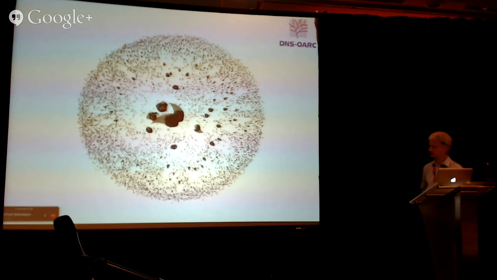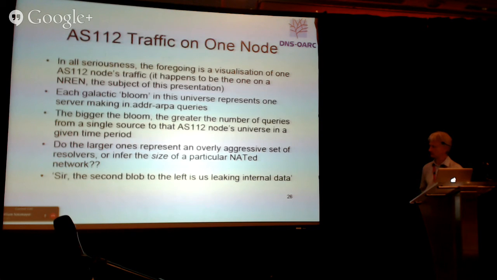This is a representation of queries going to one AS112 node. It's interesting when you look at the visualization of just one node. I'm curious how it looks when you have a bunch of nodes. Next slide. So, being serious for a minute, this is the AS112 node by Automatic Genetic Syncs.